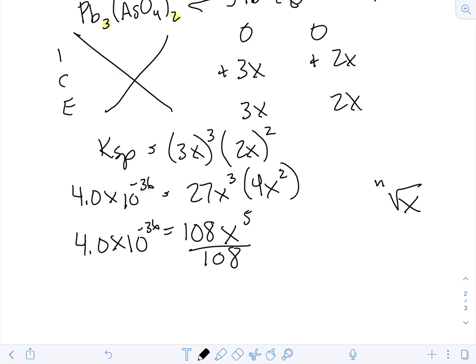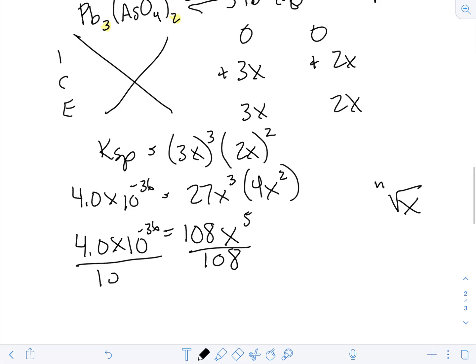But I'm going to first divide by 108. When I do that, I get 3.7 times 10 to the negative 38.